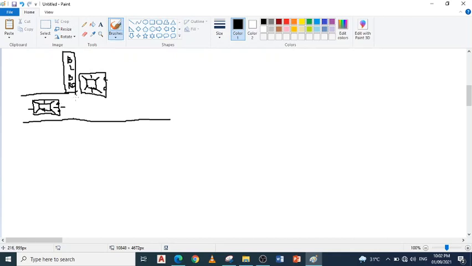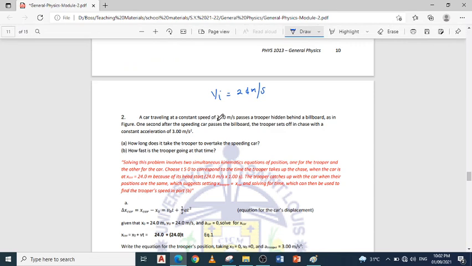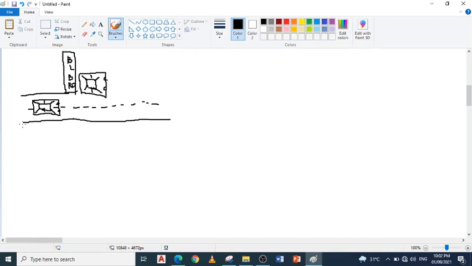Okay? So now, ang sabi doon, as it passes the trooper, okay? So, ang speed niya daw is 24 meter per second square. So, ang VI ni car, okay? Ang VI niya is 24 meter per second. Okay?